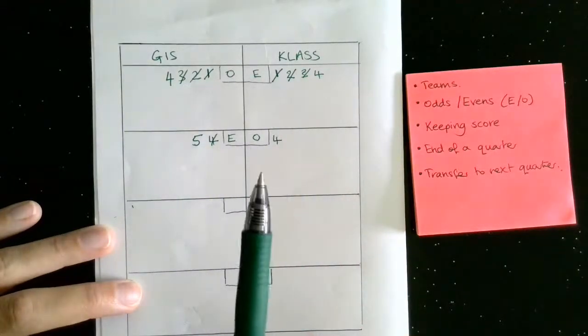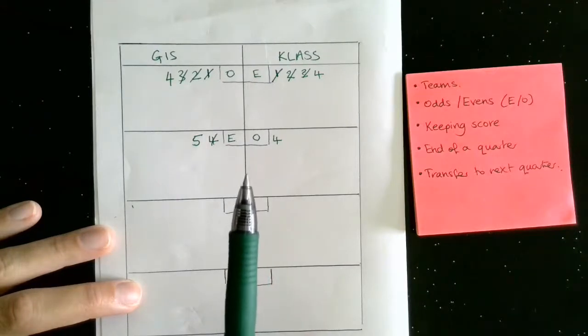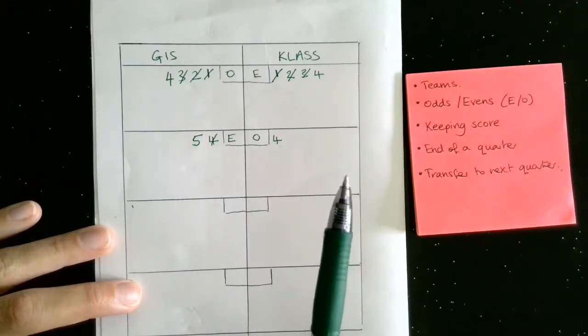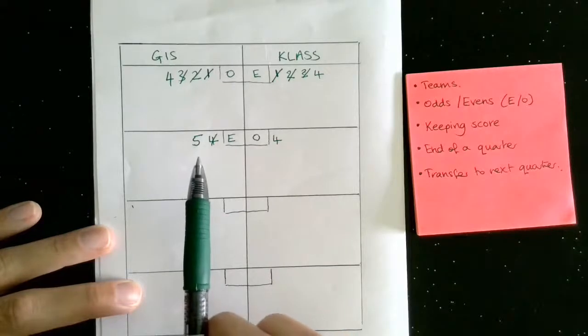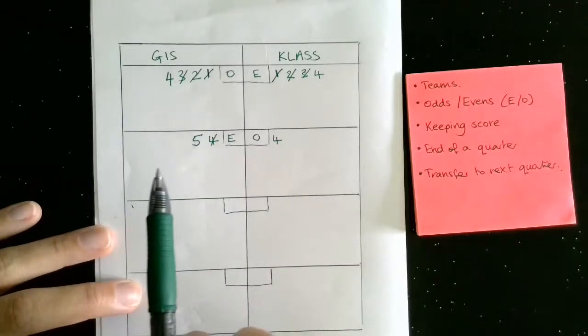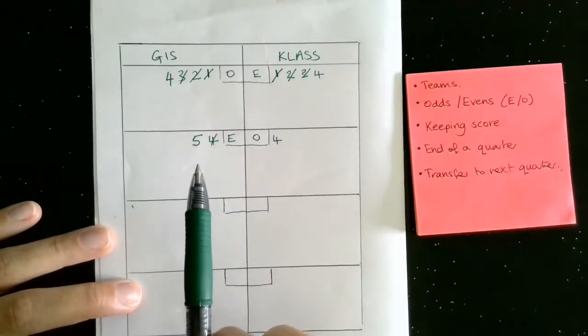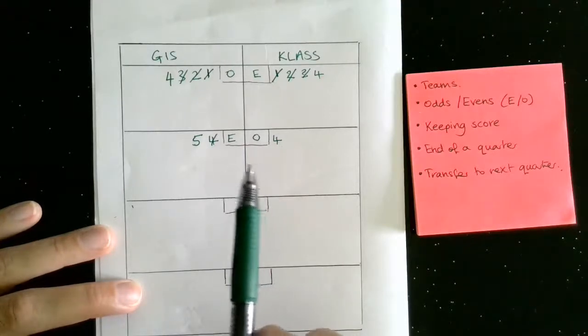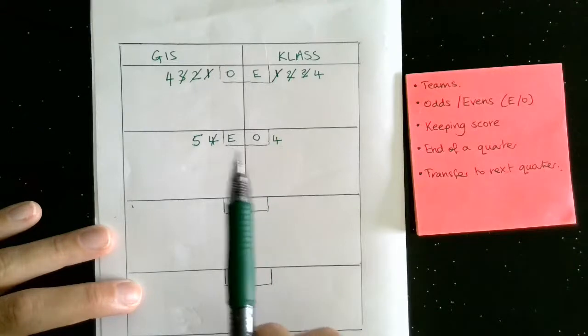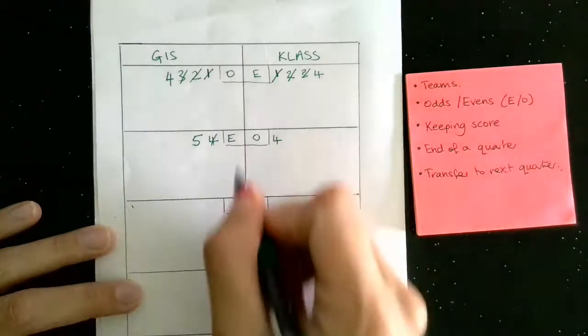But let's say that the whistle goes before the centre pass is taken. So GIS score, and as the centre is walking into the centre circle, the time goes, but the centre pass is not taken. That's when, into the next quarter, evens and odds stay the same.